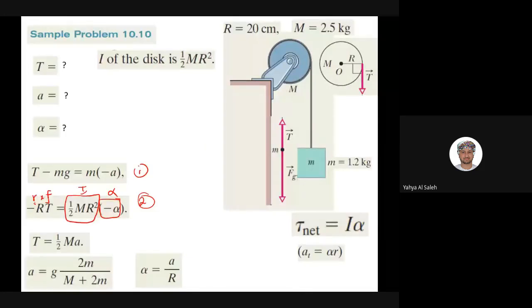So the key point here is we are no longer dealing with only forces, but also what forces cause. So forces cause a torque here. So we need to take into consideration both of them, the force and the torque. Let's think of it this way.